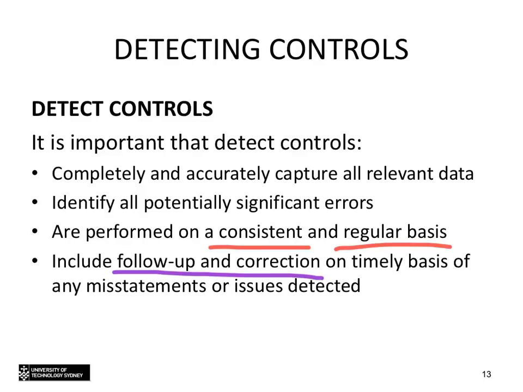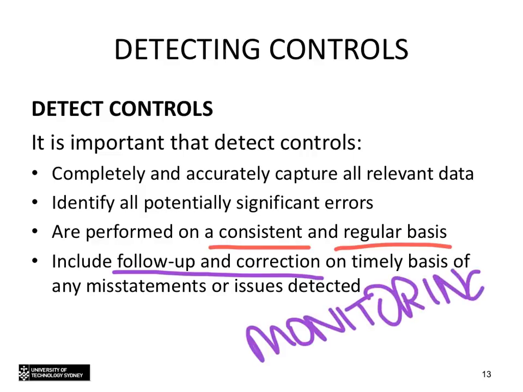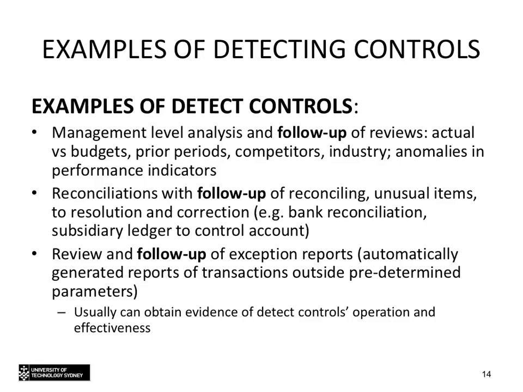So these detective controls are all part of the monitoring that we see at the top of the internal control pyramid just there. Shade that in. All right, so that's the monitoring component that's really, really important.